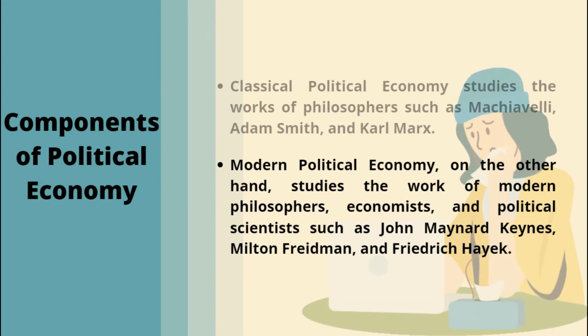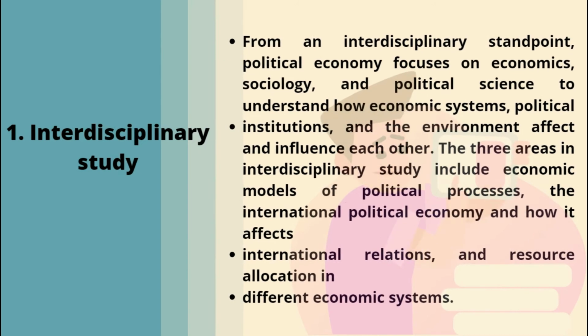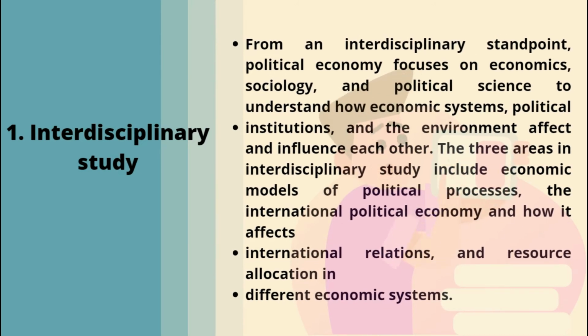So, first is the interdisciplinary study. So, from an interdisciplinary standpoint, political economy focuses on economics, sociology, and political science to understand how economic systems or political institutions and the environment affect and influence each other.